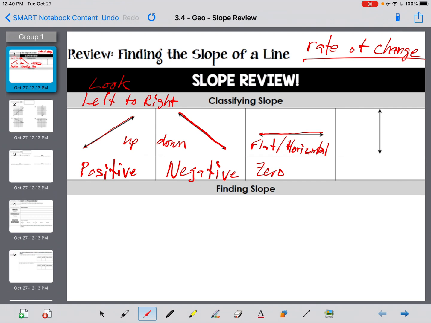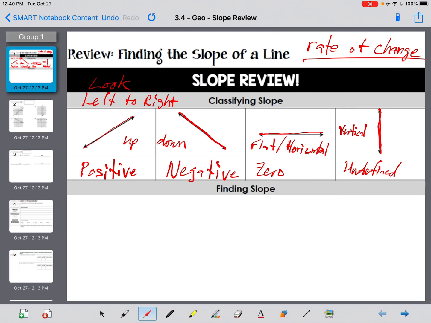Okay, 0 over some number. And then the next one is going vertical, and we would call that an undefined slope.